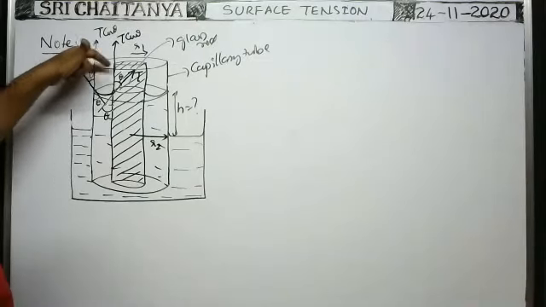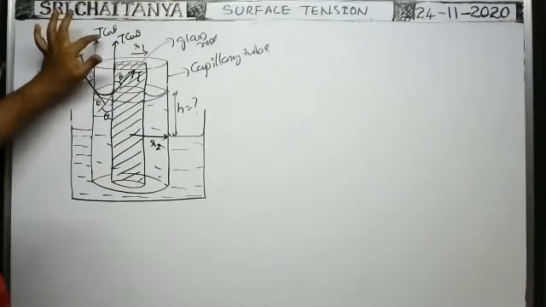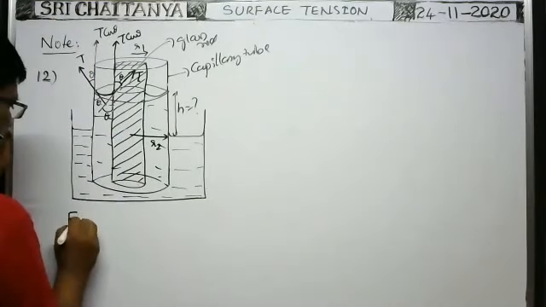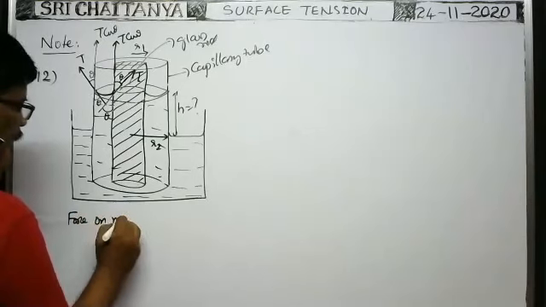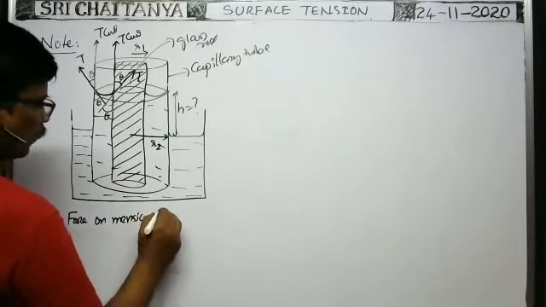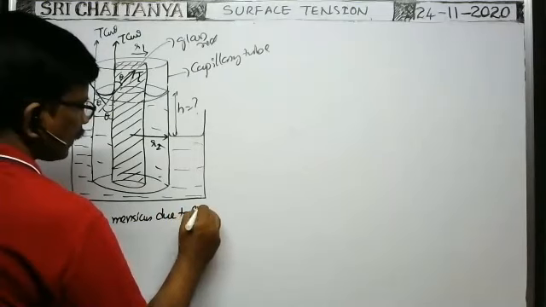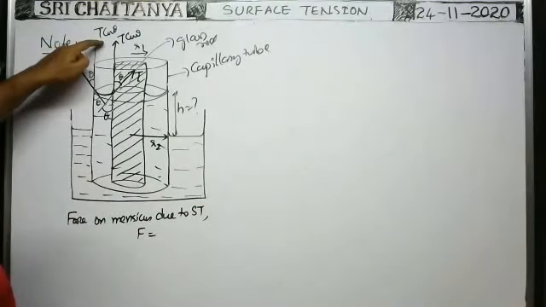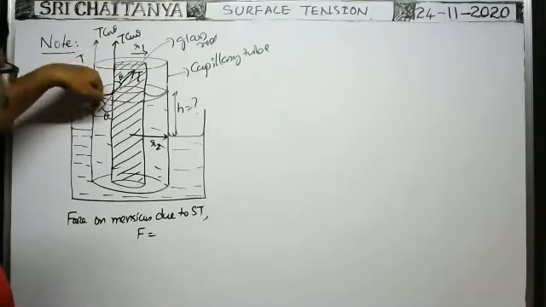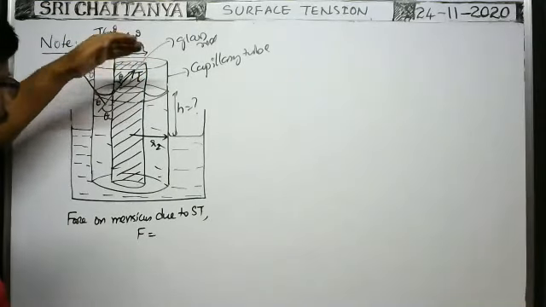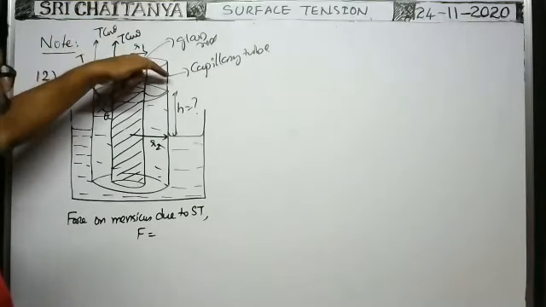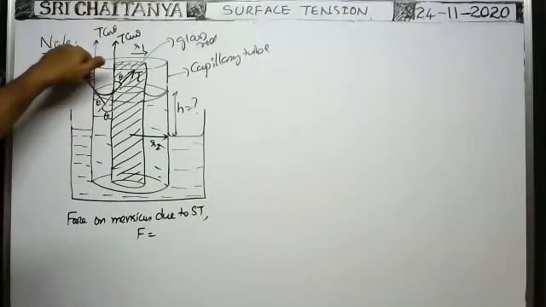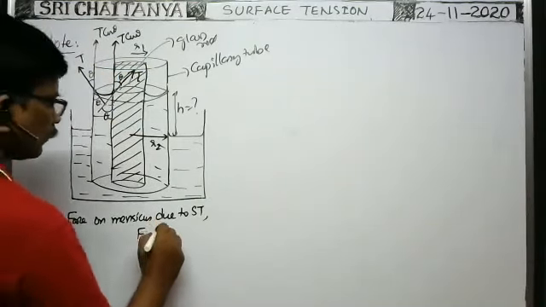Okay, on the outer circumference of the meniscus, due to surface tension component T cos theta, what is the force acting in the upward direction? Force on meniscus due to surface tension, F, is equal to T cos theta into the outer circumference, which is equal to 2 pi R2.